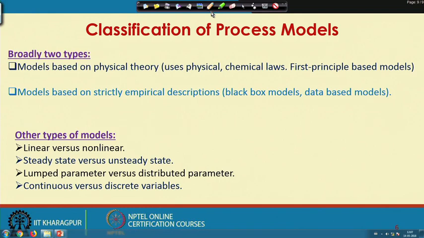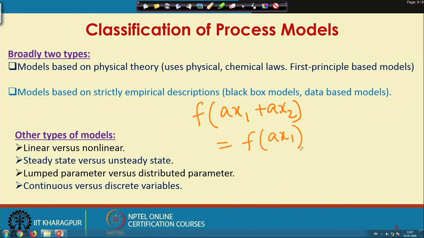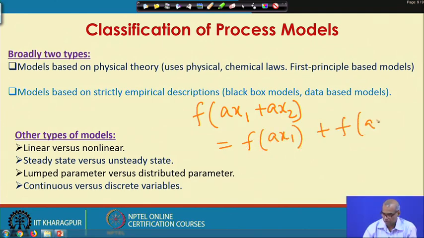So, linear models, which consist of linear equations, have an interesting property, that is the principle of superposition. So, what it means is f of x 1 plus x 2 will be f of a x 1 plus f of a x 2.